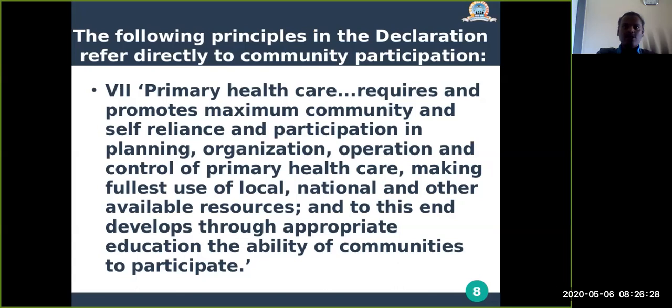Maybe you can form a health committee to look after health planning, or invite community health workers to participate in implementation of your program, or appoint an advisory committee from the community for your primary health centers, or ask the community to take care of health posts. There are different ways you can do it.